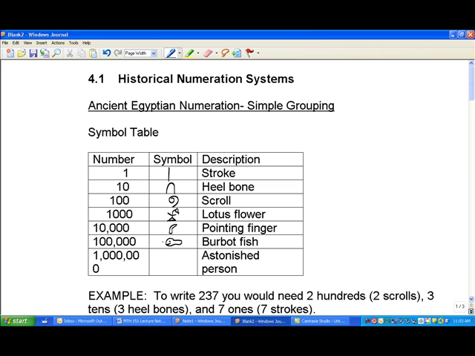And some places I have seen it called a tadpole. Our book calls it a burbot fish. And then finally, I guess they were astonished to have 1,000,000 of anything, so they used the astonished person for 1,000,000.